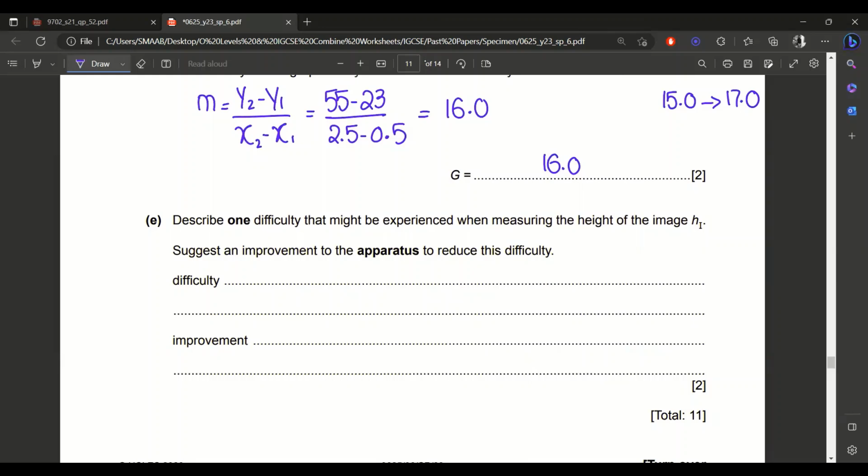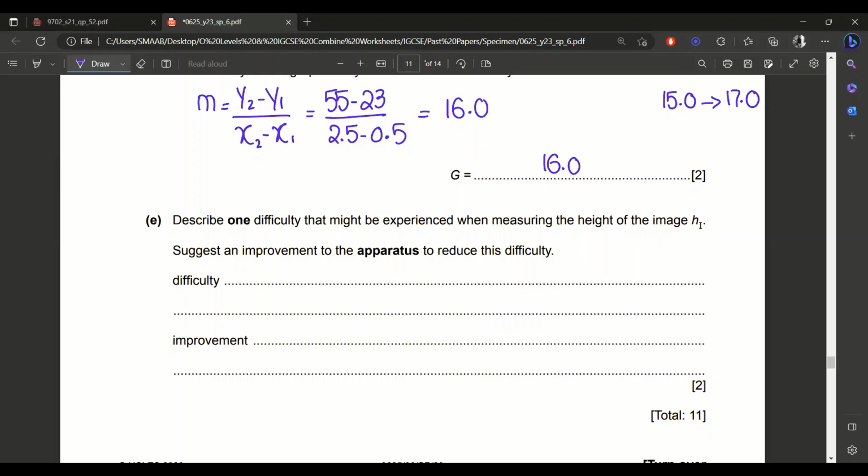While measuring the length with a ruler, it can be difficult, because if we place a hand in between, or place the ruler not in a straight line, or in the path of the image, that will be a difficulty.